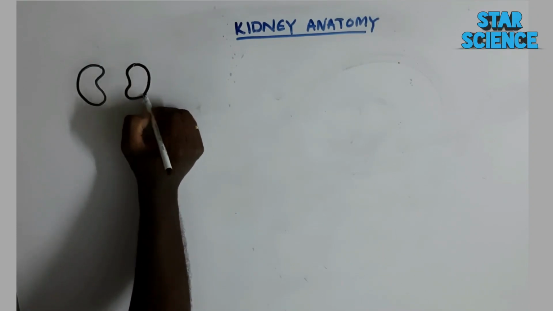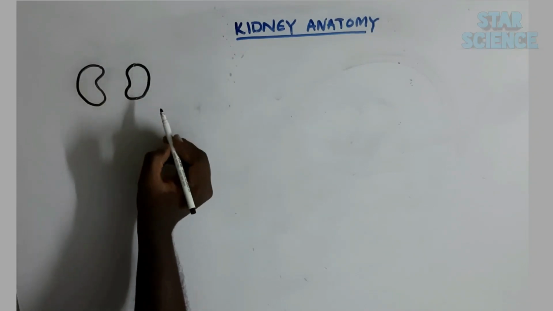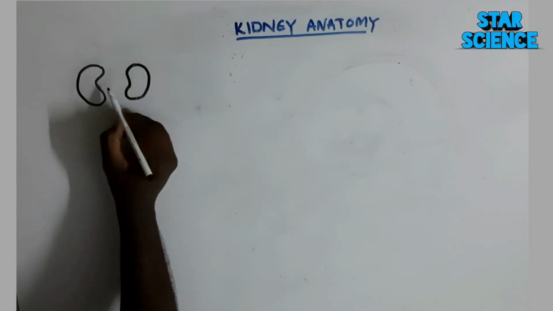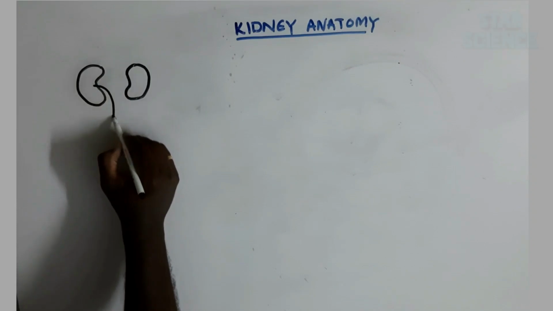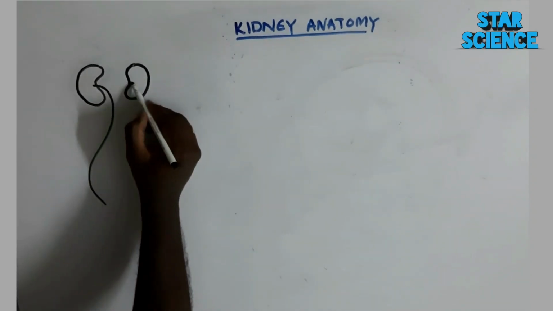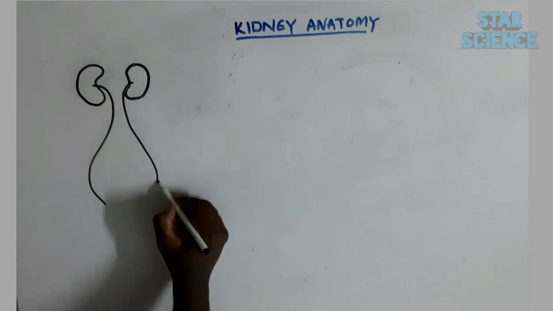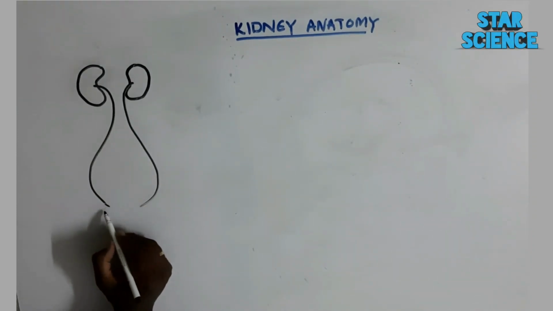and the kidneys are present on the posterior abdominal wall, one on each side of the vertebral column behind the peritoneum.